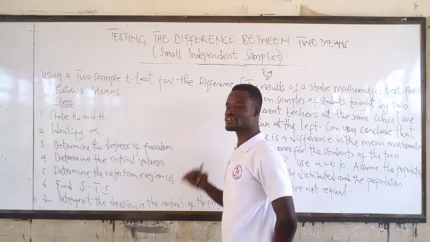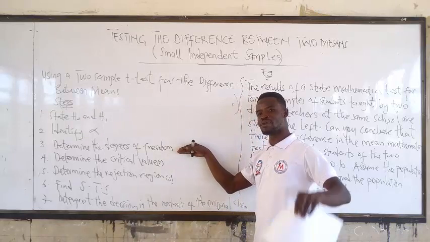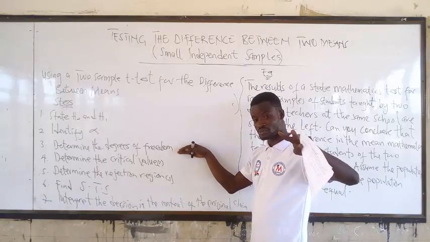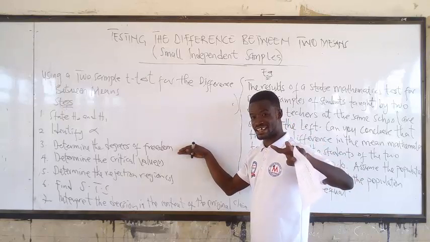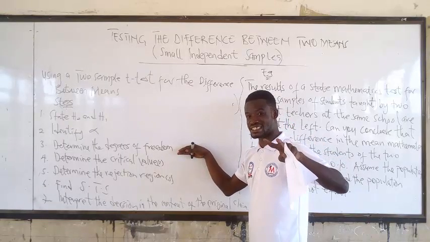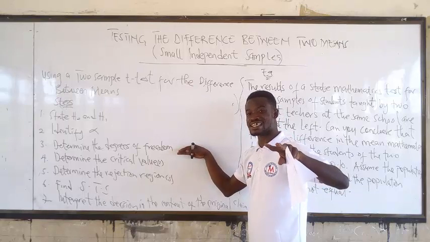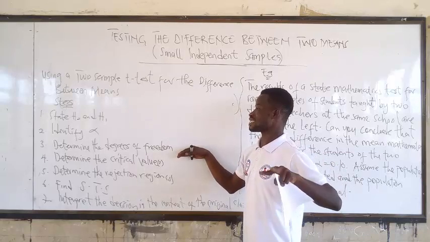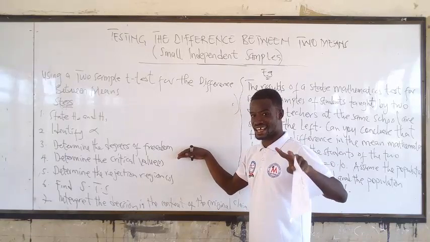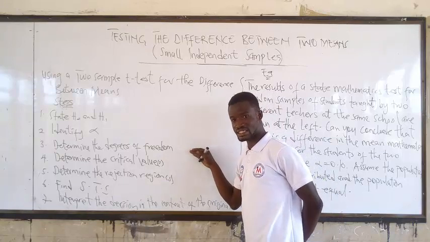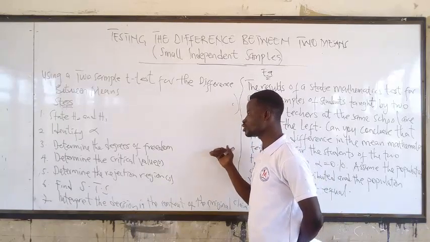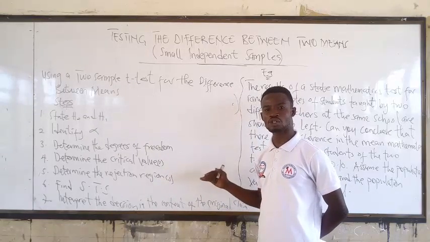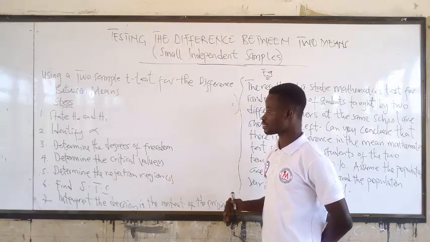And you know the degrees of freedom here depend in 2 ways. Be careful: in the t-test it is 2 ways, in the z-test it is 1 way. The z-test is when n is greater than 30, and it is 1 way. But in the t-test, when n is less than 30, it is 2 ways. That is when your variances are the same or not the same. Alright, let's continue.